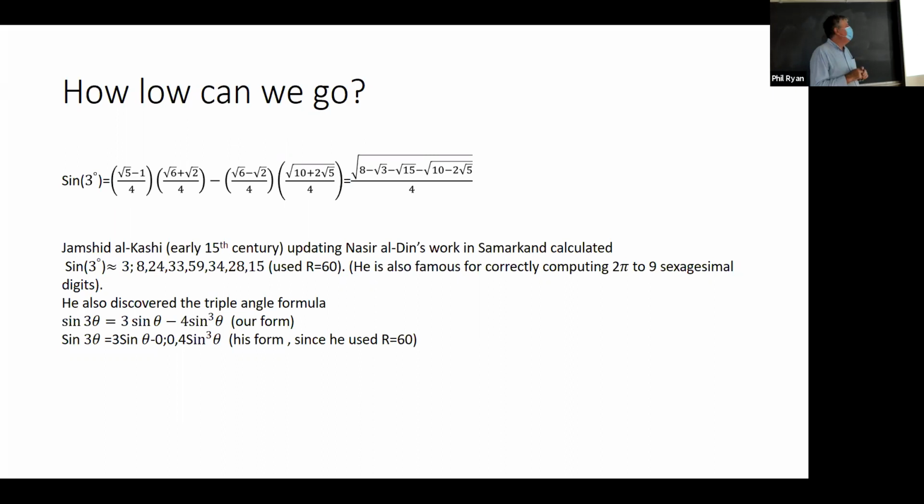using r equals 60. Now, he was working from Nasr al-Din's work. Remember, we talked about him before. He was the guy who came up with the sine law. He wrote this great book called The Transversal Figure. So it was kind of like one of the classic trig books, and he was just updating it.